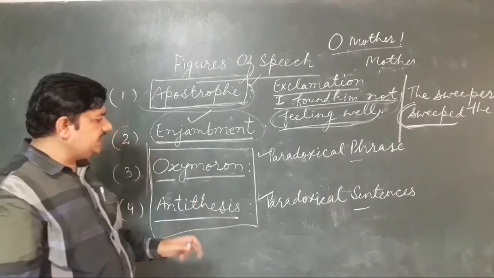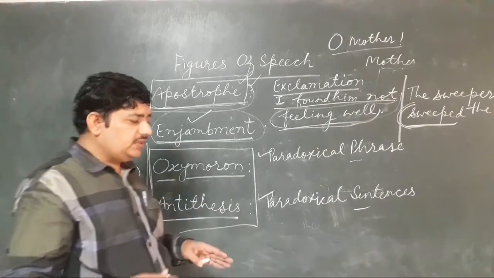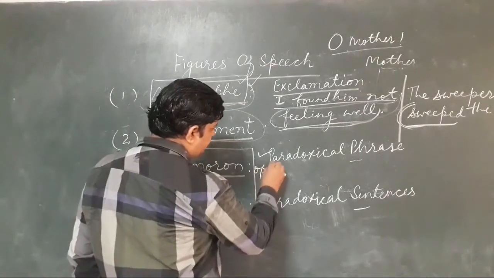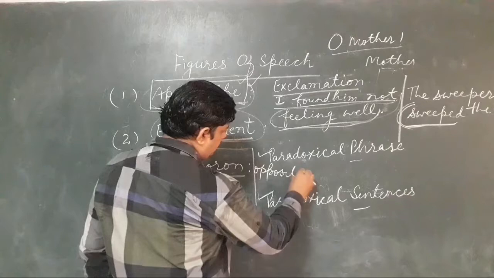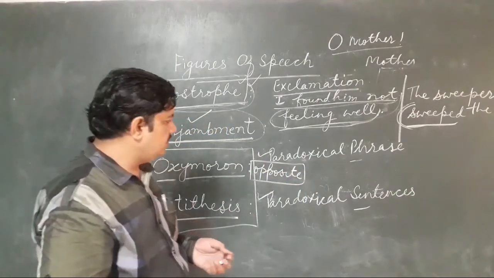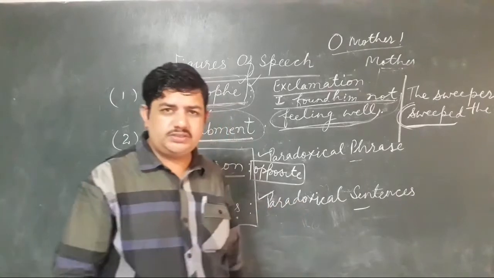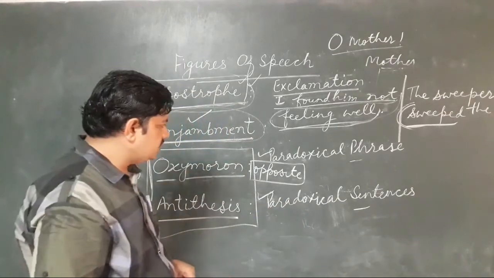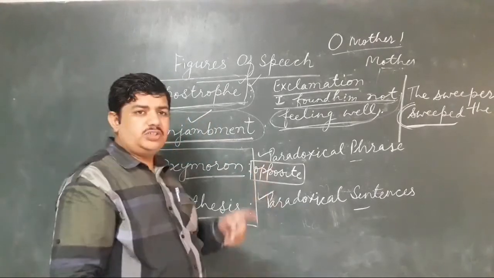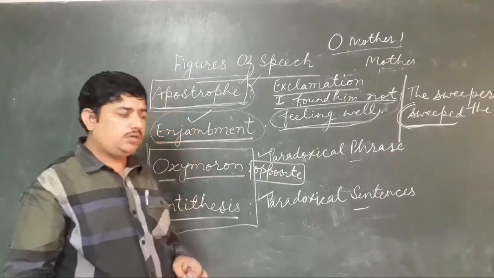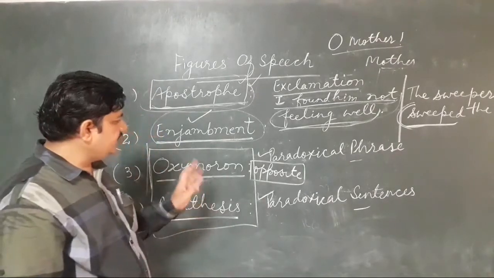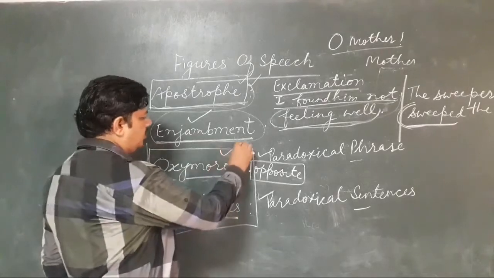Oxymoron and antithesis are used with the help of opposite or contrasting words, to create the effect that the poet wants. First we talk about oxymoron.